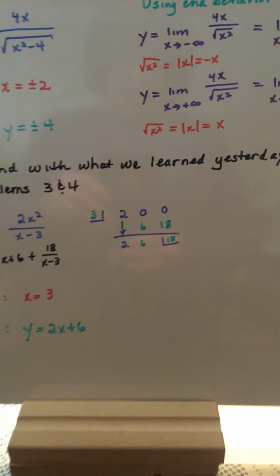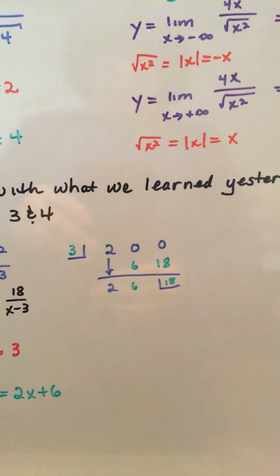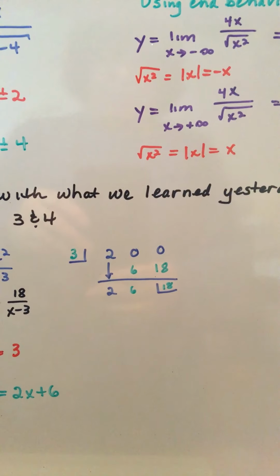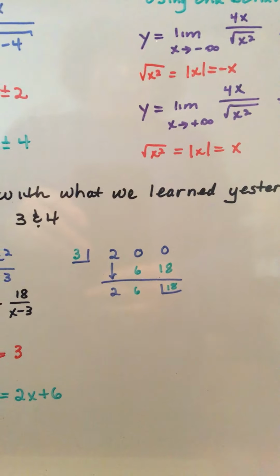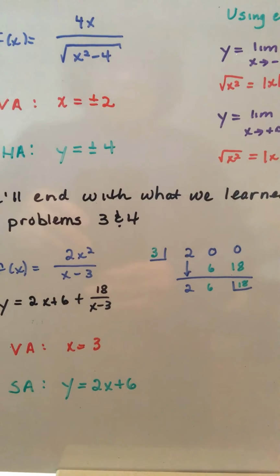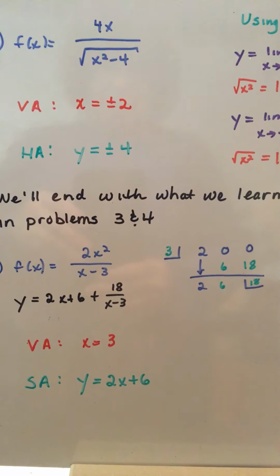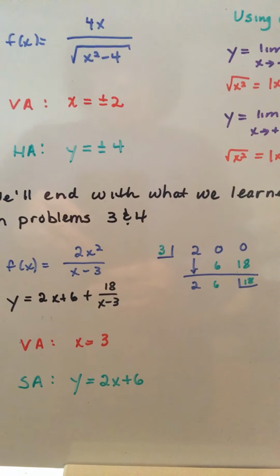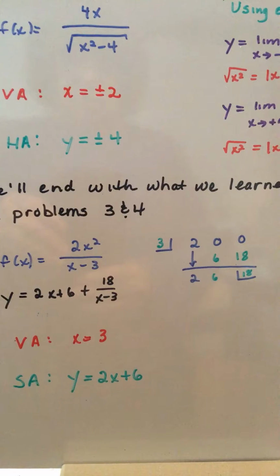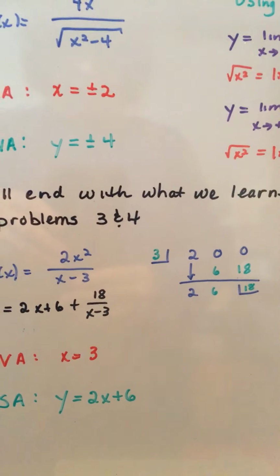And by the way, I'll hold on a second longer so you can see the synthetic division. 3 times 2 is 6, plus 0 is 6. 3 times 6 is 18. So I have y equals 2x plus 6 plus 18 over x minus 3. So the vertical asymptote is x equals 3, and our slant asymptote is y equals 2x plus 6.